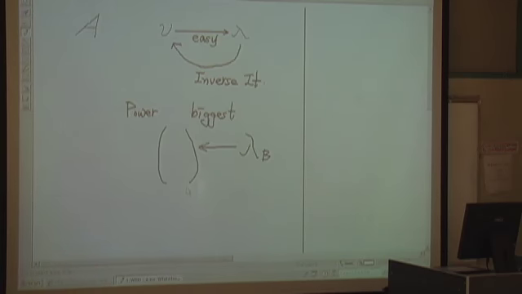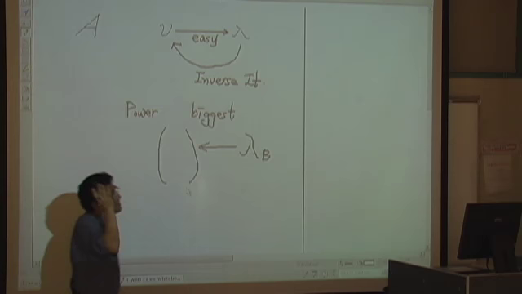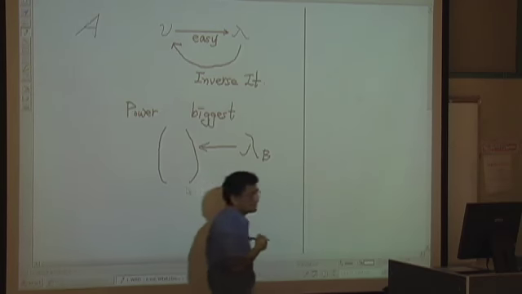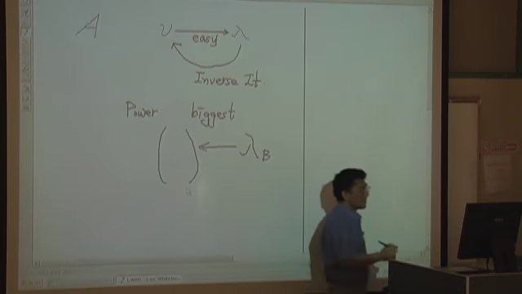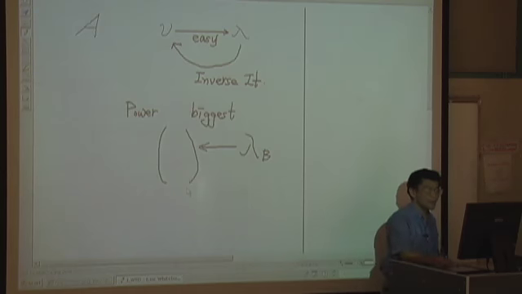Any questions? Yes? Vector. Right. So I just call it the biggest eigenvector. What does that mean? It corresponds to the biggest eigenvalue. So the power method only determines one eigenvector among many.